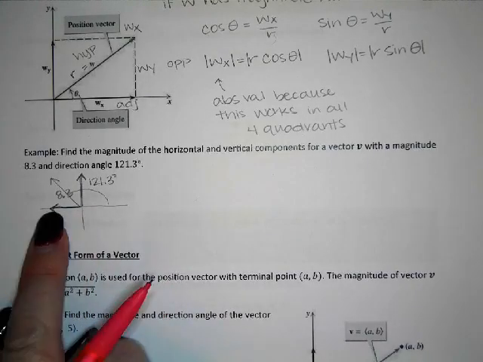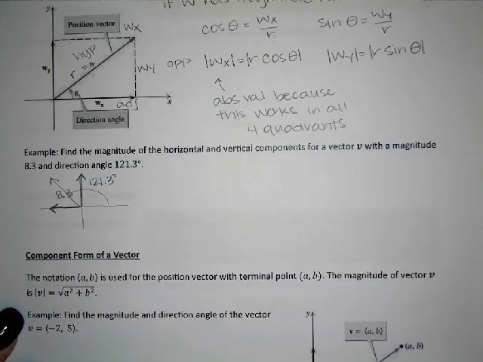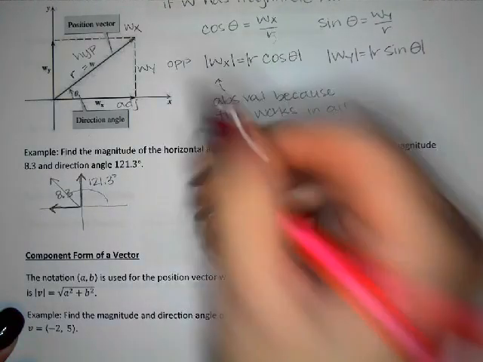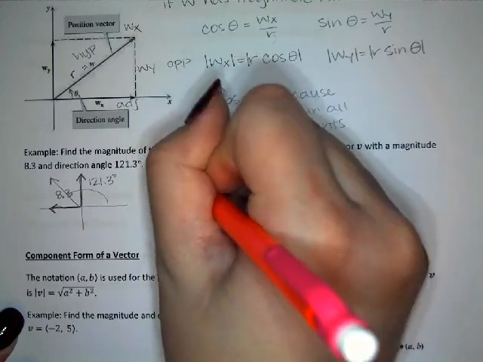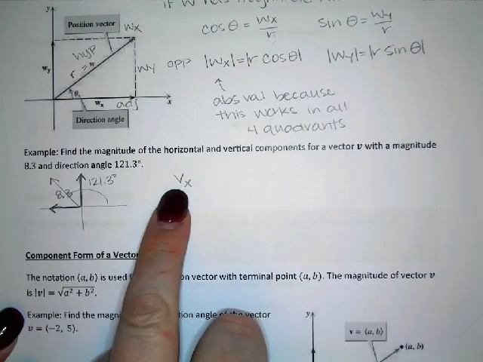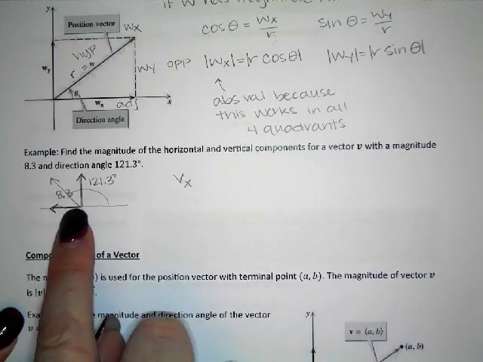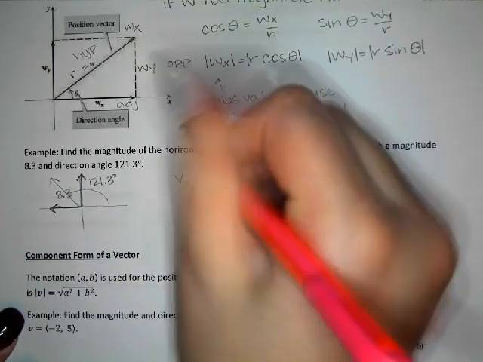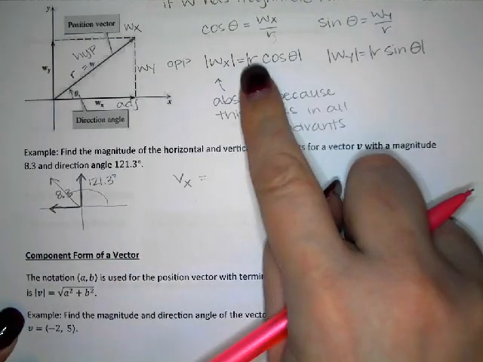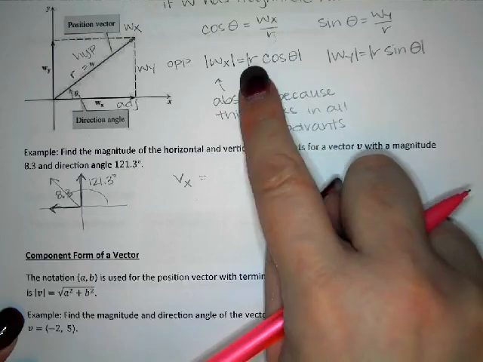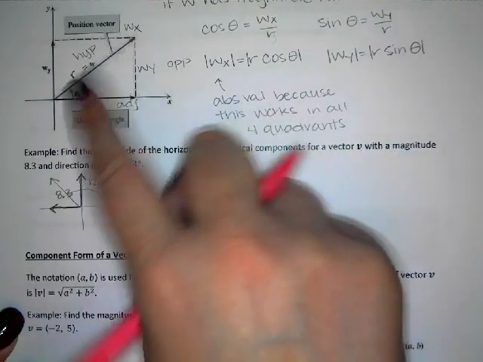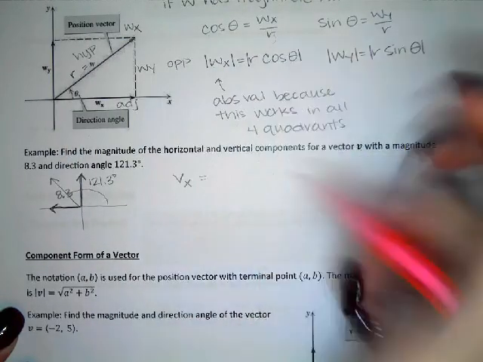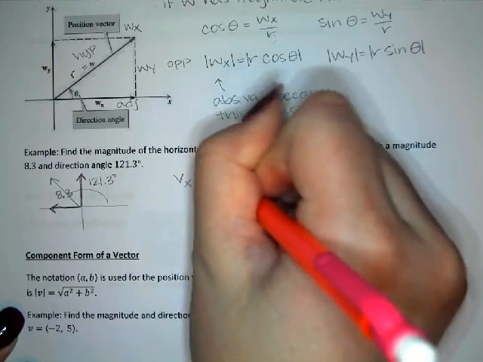So we're going to say this is vector v. So v sub x, the length of the horizontal component, is going to be r, the magnitude of the resultant, times cos theta. So 8.3 times cos 121.3.